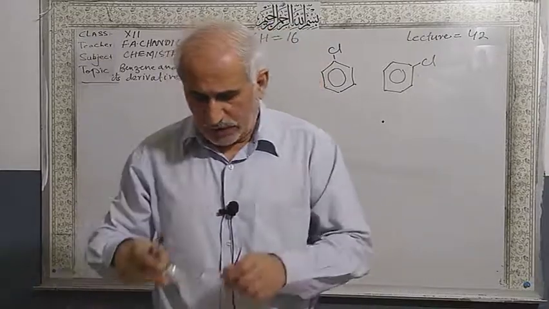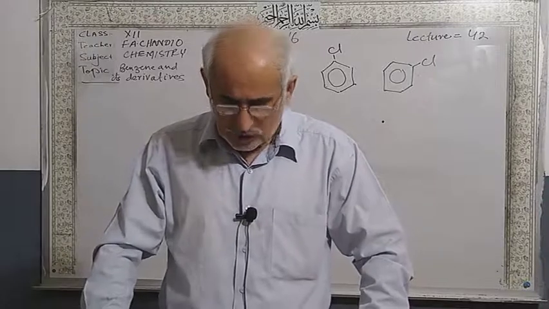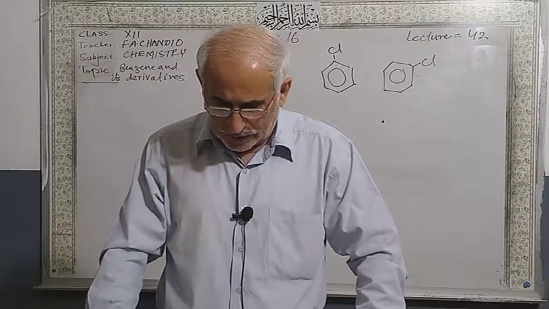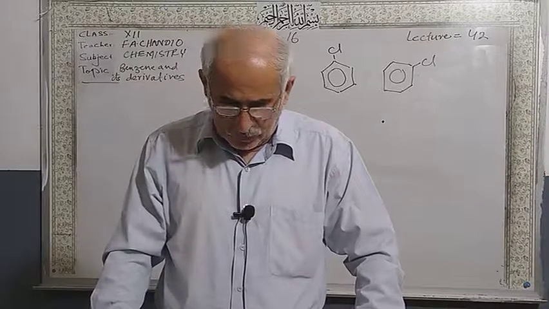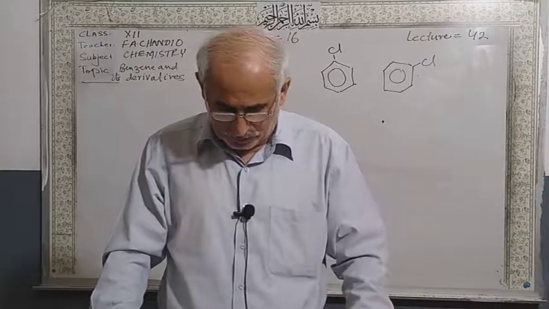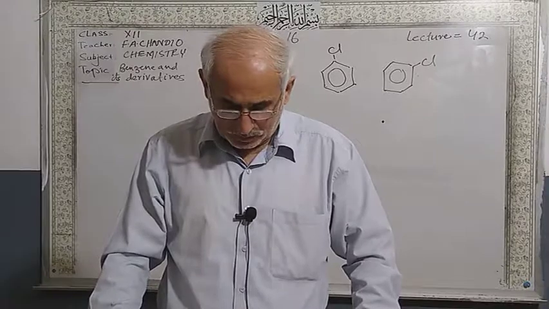I told you in the previous lecture that if you put CH3, this is called toluene. If OH, we call phenol or carbolic acid. If you put NH2, this is called aniline. Last time I told you this. If you put COOH, this is called benzoic acid.